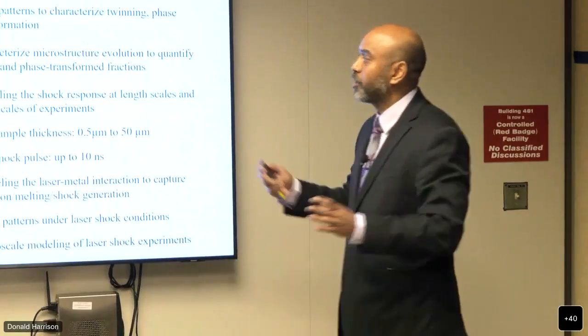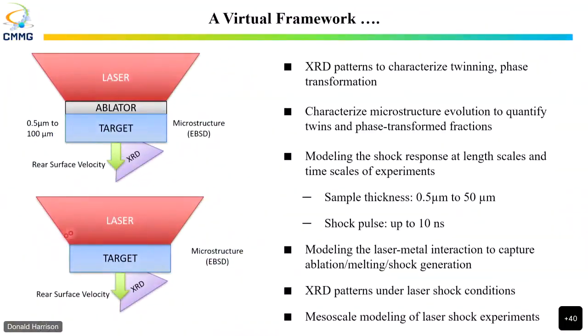So I'm looking at two types of experiments, laser shock. One is where you have an ablator, like you would do at a DCS facility, where the laser is not interacting with the target, it is well protected, and you can have a shock wave that comes in. You want to generate diffraction patterns while this is happening, and you get information, which is where you get real surface velocities as well.